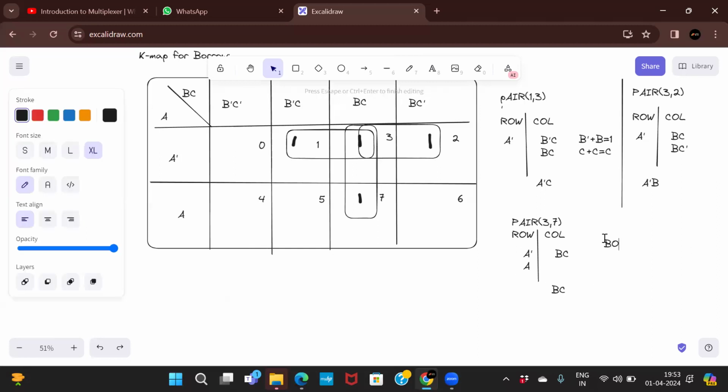So first we have A bar C plus A bar B plus B C. Am I right?